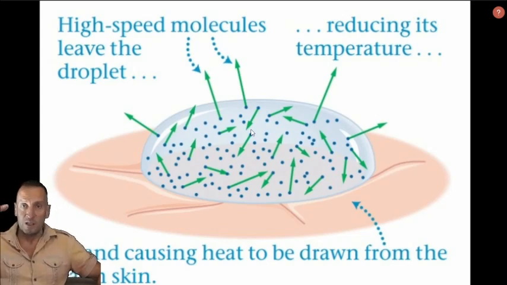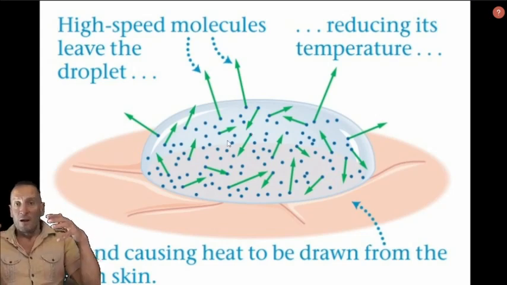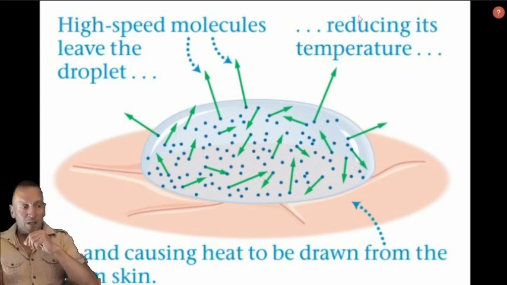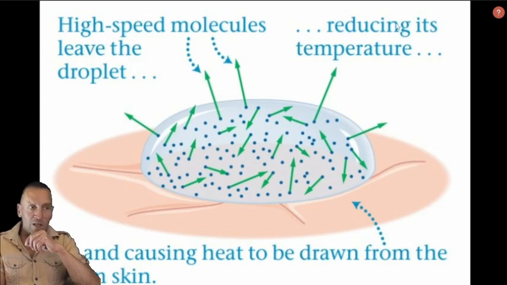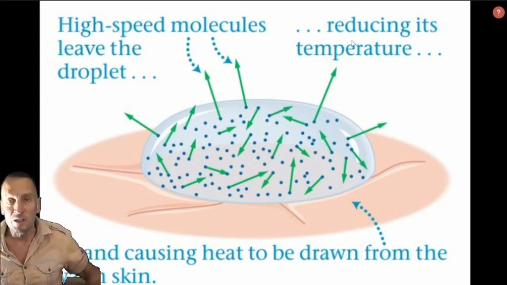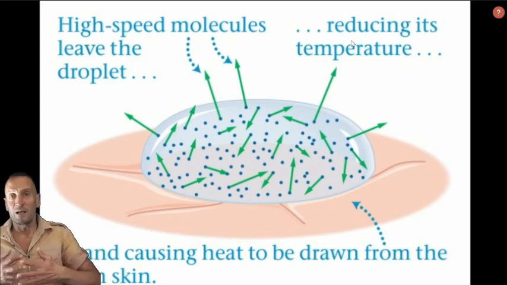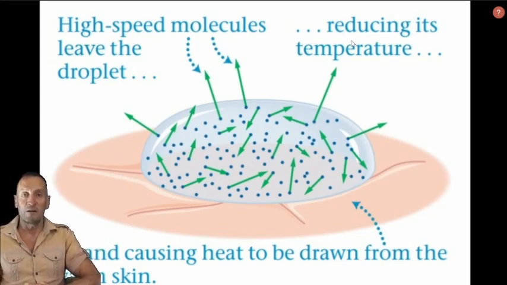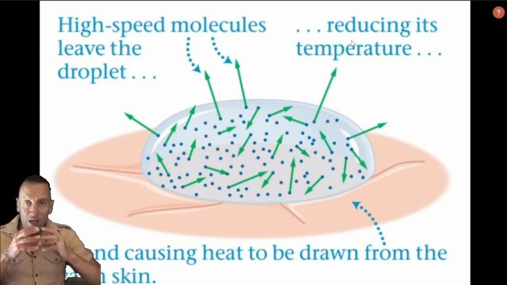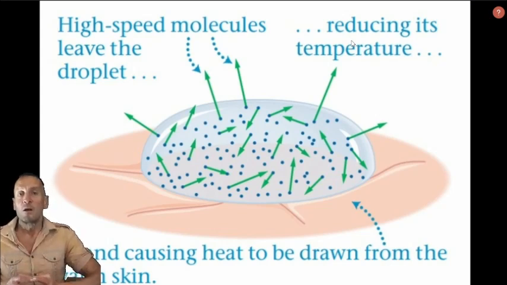And when the average speed of these droplets is reduced, it's reducing the temperature, simply because of what David discovered, the kinetic theory of heat, with rubbing these 2 ices that I said to you. So when we've got less speed, we've got lower temperature.